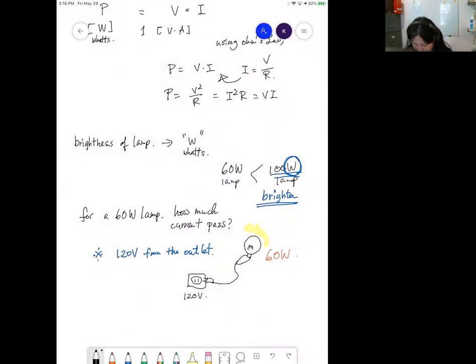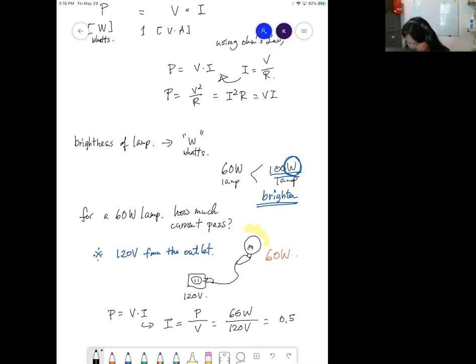Then P equals VI. So from here, the current passing into the lamp is the power divided by the voltage. So 60 watts divided by 120 volts. How much current?